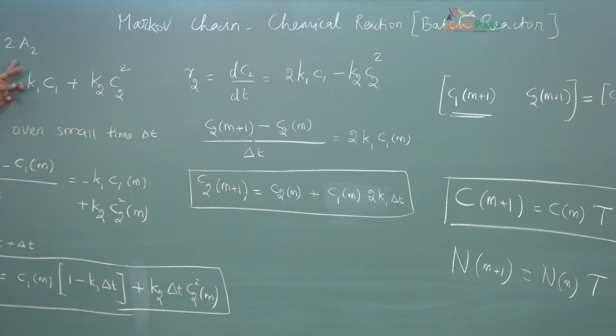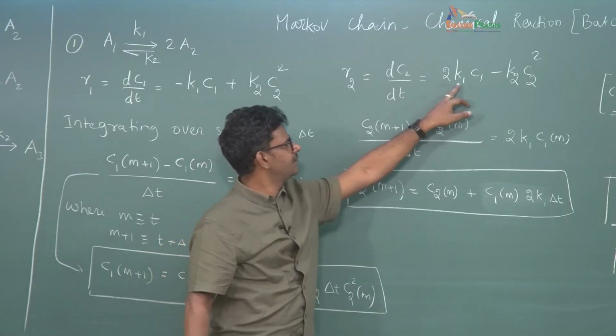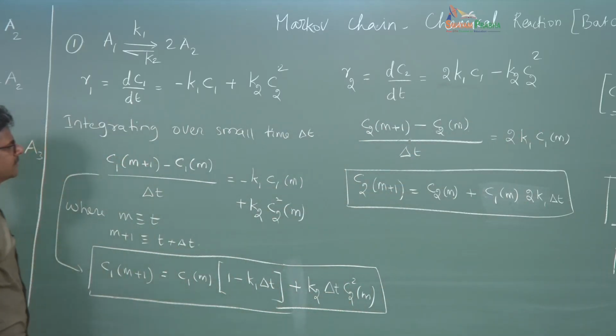Similarly, for species A2, the rate of change of the reaction is the forward reaction minus the backward reaction.